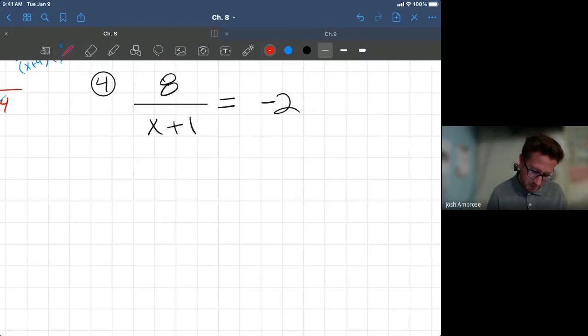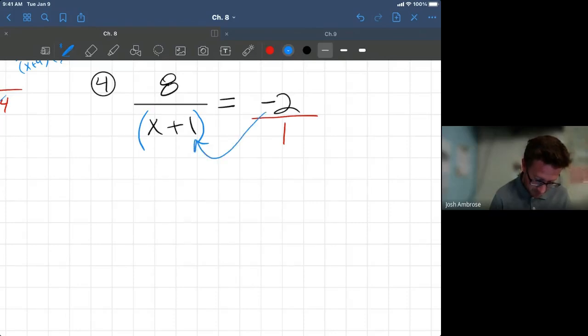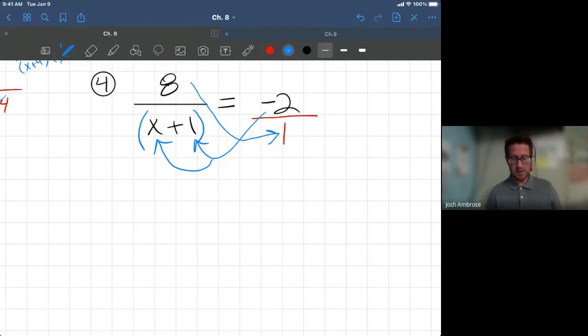Okay, so let's do this. Let's put this like that so that it's looking like just a straight cross multiply situation. All right, this is nice because if our denominator on one side is just 1, you can just cross multiply. What I mean is let's put this in parentheses and take that -2, distribute it to both pieces here, take that 8 and just multiply it by that 1 right there.